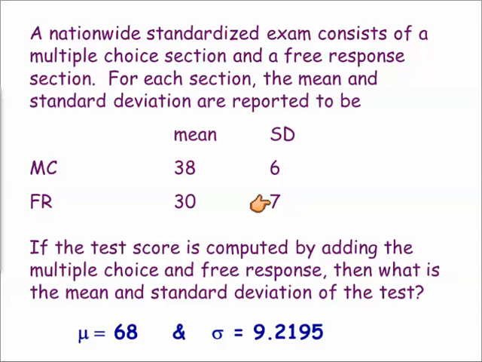And then I take the square root of 85, and I wind up with 9.2195. It goes on with a few more decimals, but that'll be enough right there. I found the standard deviation of the overall test just by finding the means of the multiple choice and the free response and the standard deviations of each. Cool?